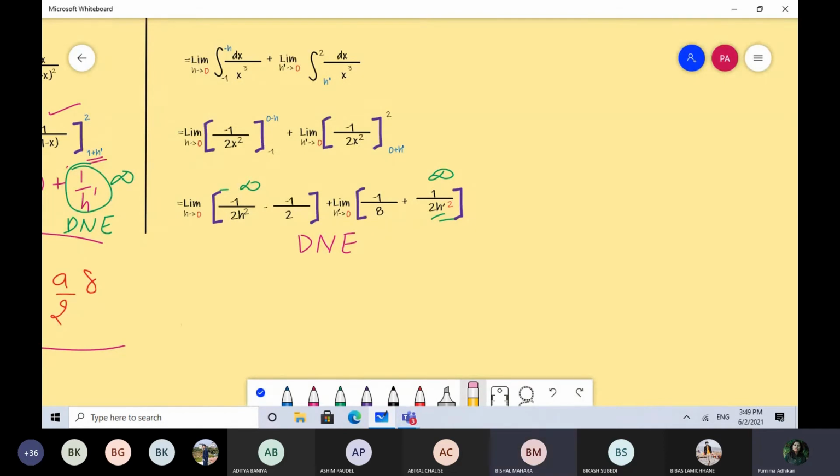All right? So when did infinity come in indeterminate forms? It's infinity over infinity, 0 over 0, 1 to the power infinity. We have 7 indeterminate forms, right?